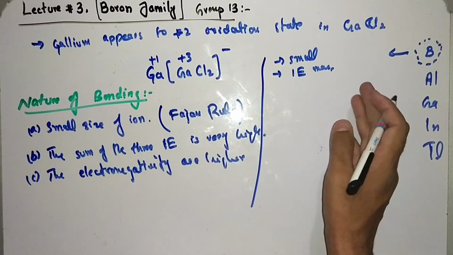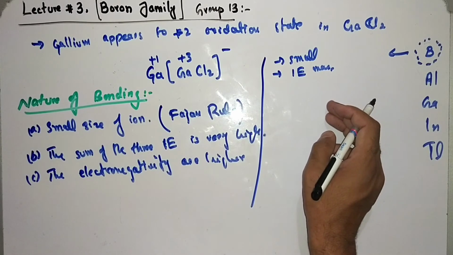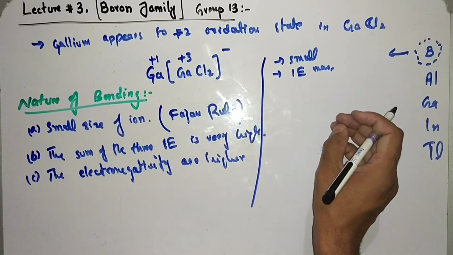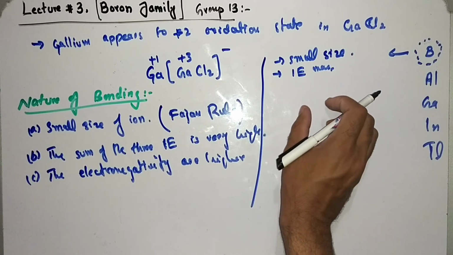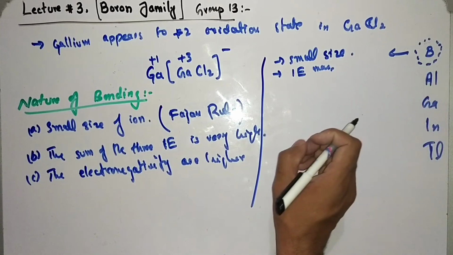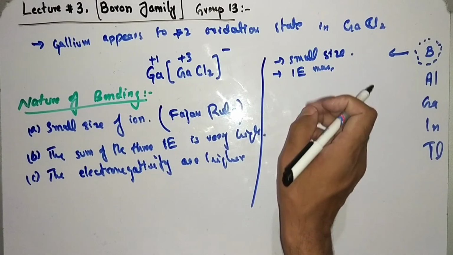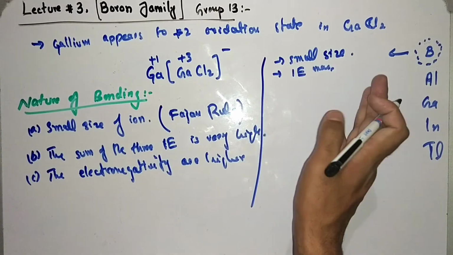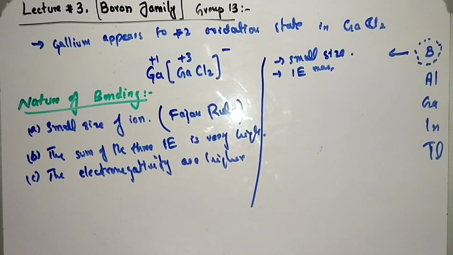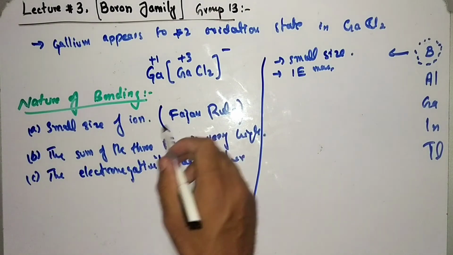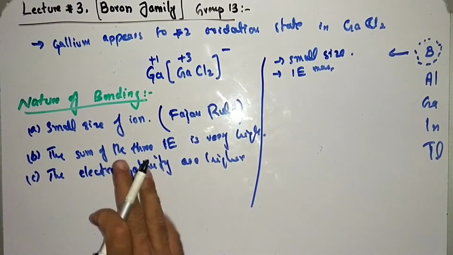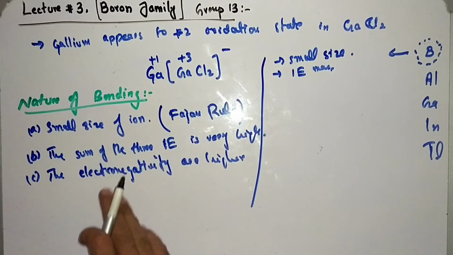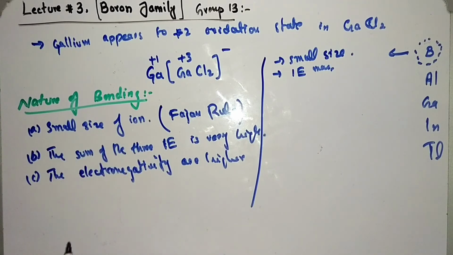So due to high ionization energy and smaller size, the bonding will be covalent. The high ionization energy and smaller size of the atom lead to covalent bonding according to Fajan's rule, which is the first point of Fajan's rule. The nature of covalent bond is present when the ions have small size, which means they have high polarizing power.